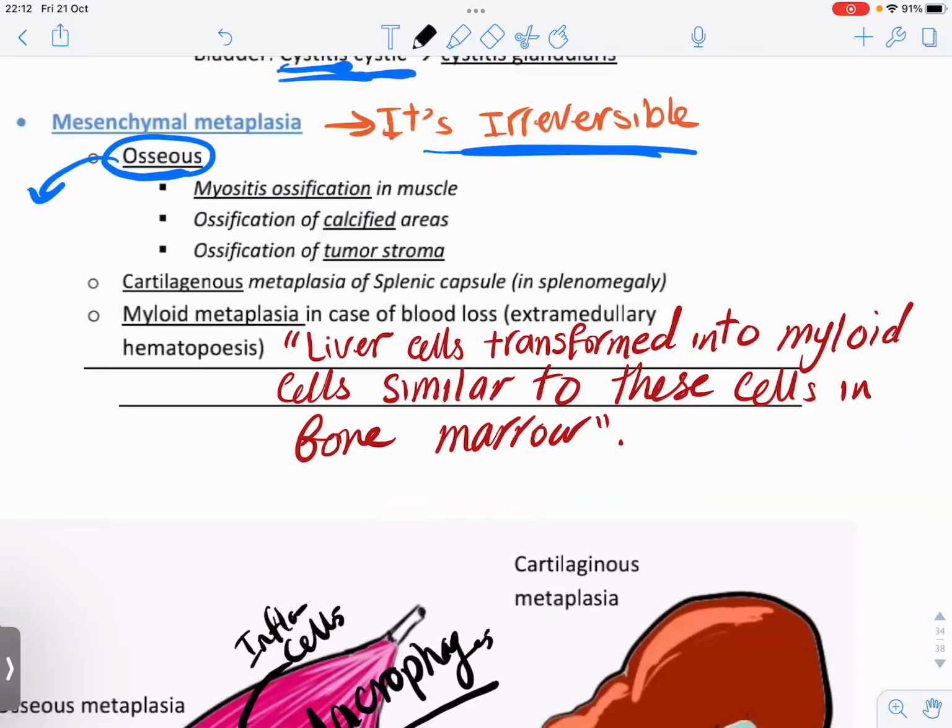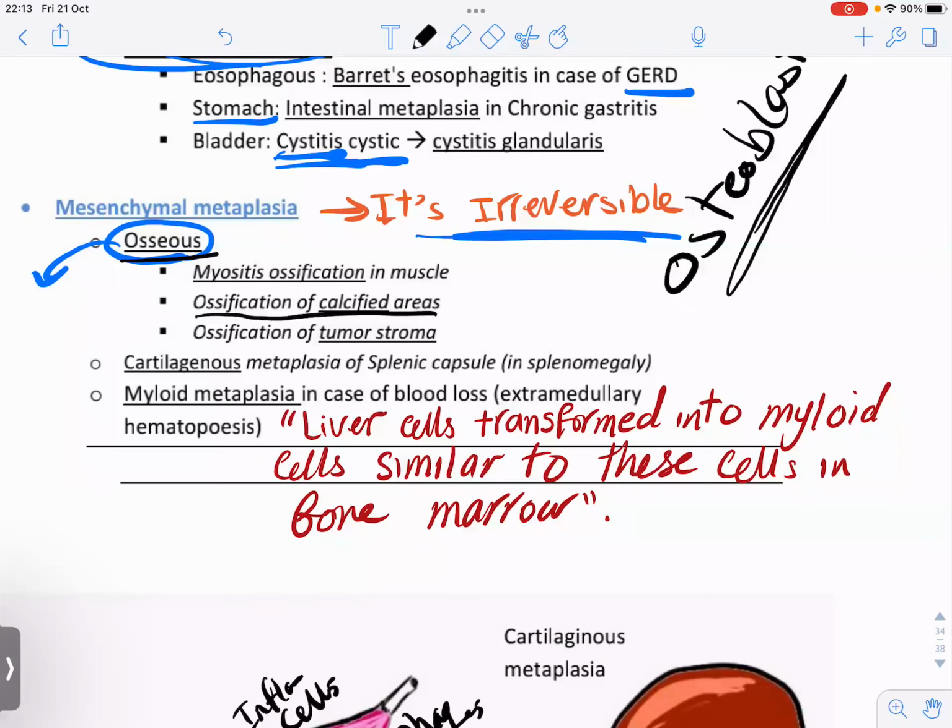Osteo means bone, blast means building. The cells which can build bone will come to the calcified area and start to form bone tissue. So it's called ossification of calcified area. The dead necrotic area has a lot of calcium deposit inside it. So osteoblasts will come, and of course, osteoblast plus calcium, then we can form bone.